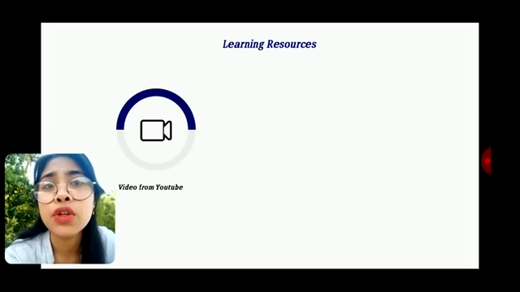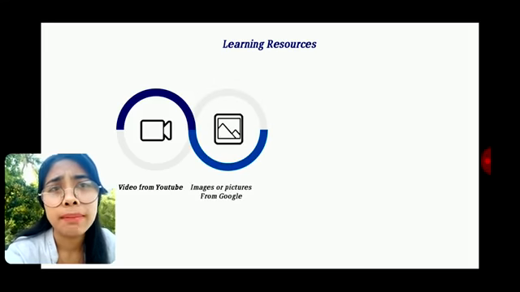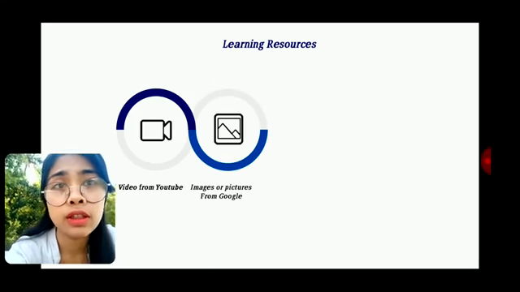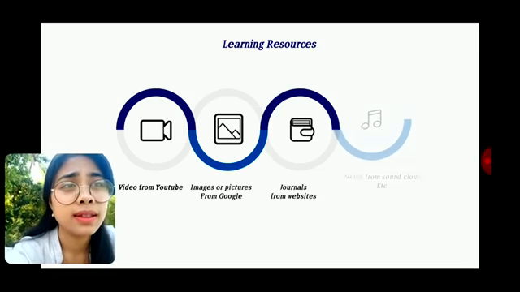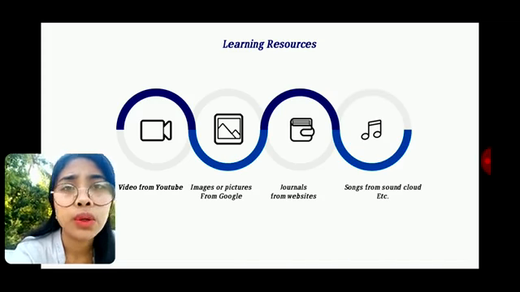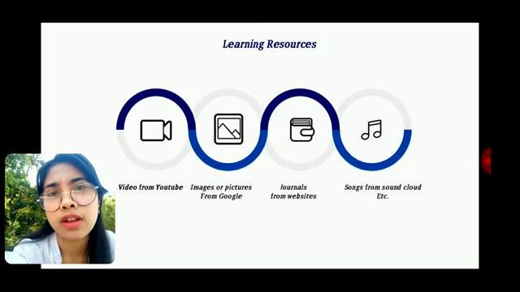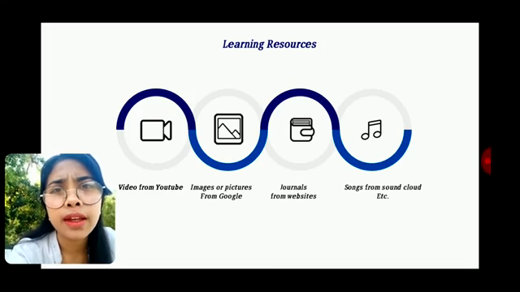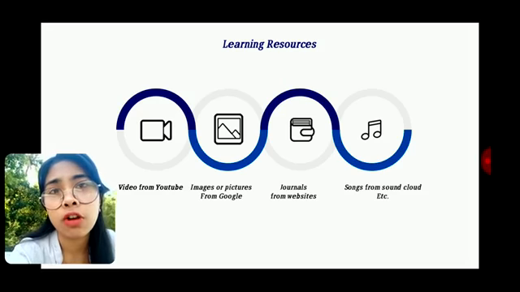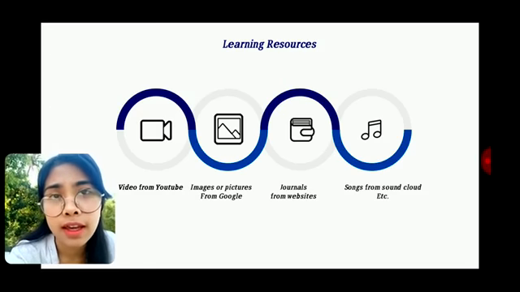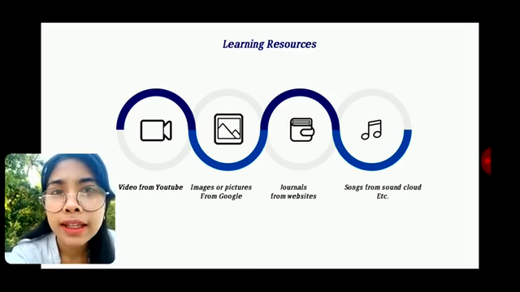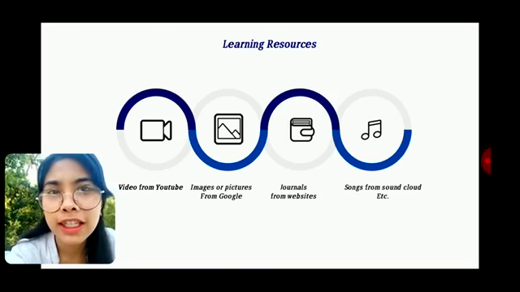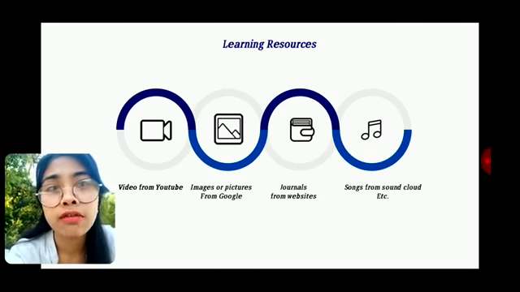It can be a video from YouTube, an image or picture from Google, a journal from a website, a song from SoundCloud, etc. Basically, the teacher always provides a link to make it easy for students to access the learning resources.